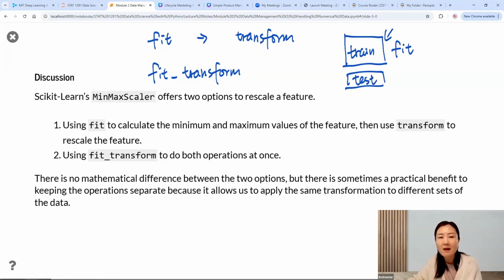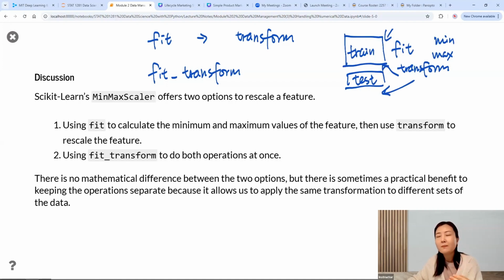If we use min-max scaler, we will calculate the min and max for each column, for example, and save it. And then we call the transform method to apply it on the training set, and also use the same scaler with the same min and max that are calculated from using the training set to transform the test set.